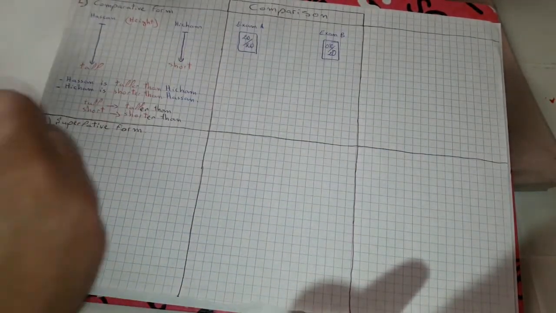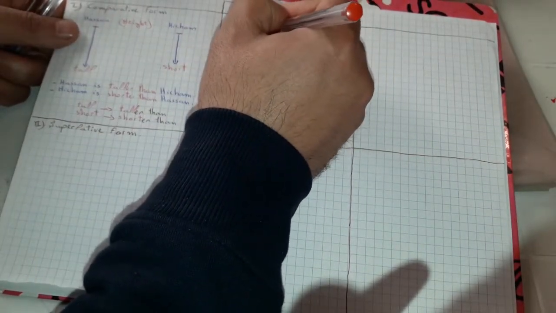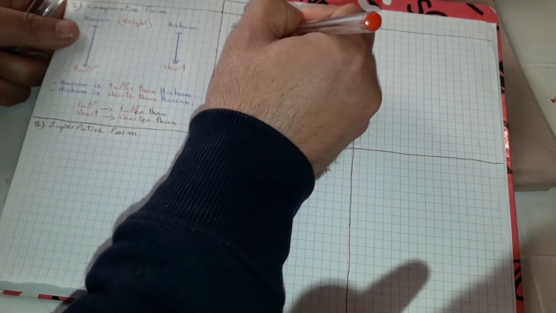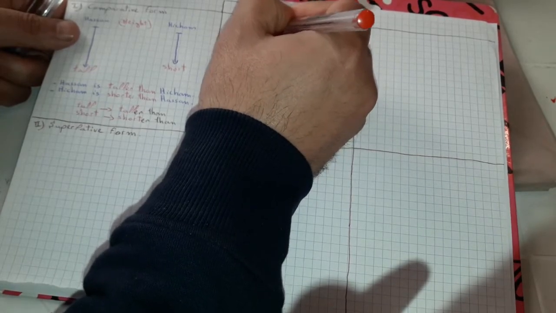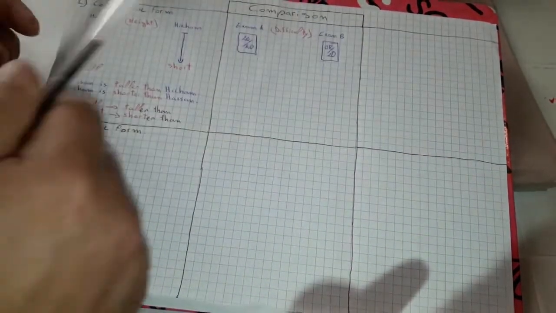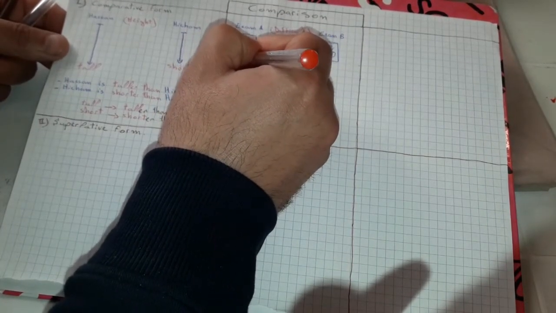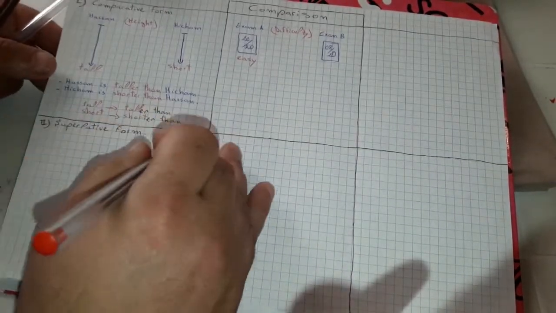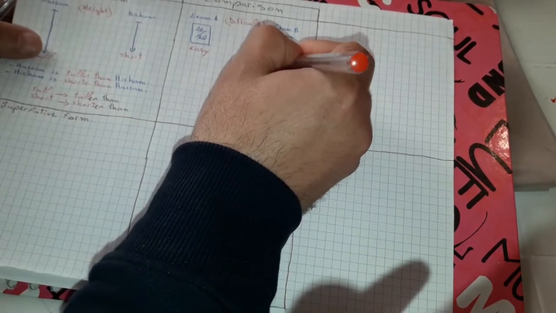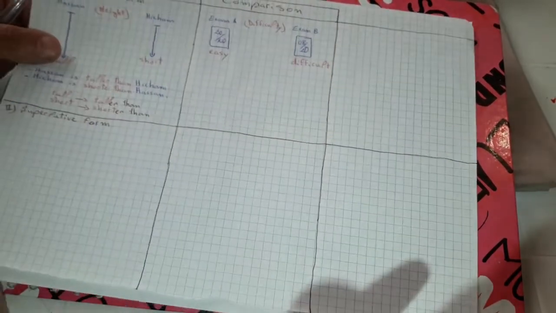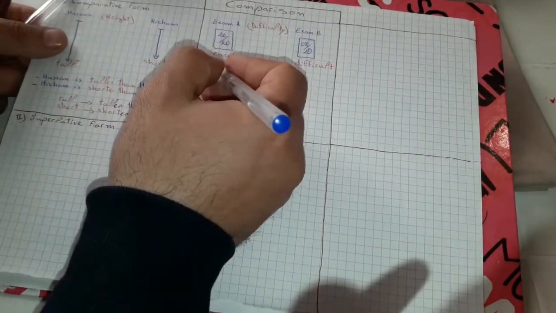And I want to compare between these two exams in terms of difficulty. So I say that exam A I got 20 because it is very easy. But exam B I got only 8 because it is difficult. And then how can I compare between them and put it in one sentence?